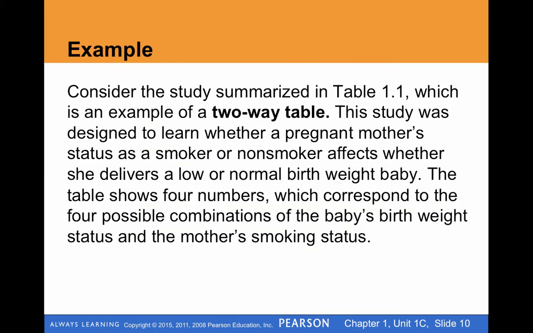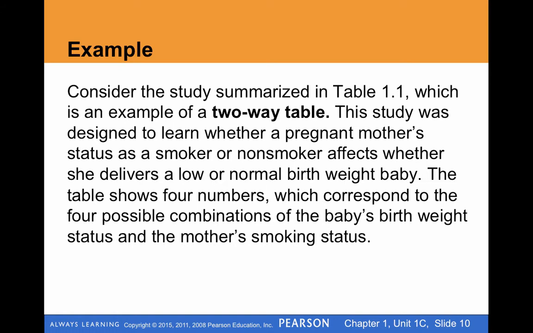All right, then for Venn diagrams, we're going to look at what's called a two-way table to construct these. Some problems will have that, some won't, but either way, the two-way table will help us understand the relationship between the 4 different sets. So there was a study designed to learn whether a pregnant mother's status as a smoker or non-smoker affects whether she delivers a low or normal birth weight baby.